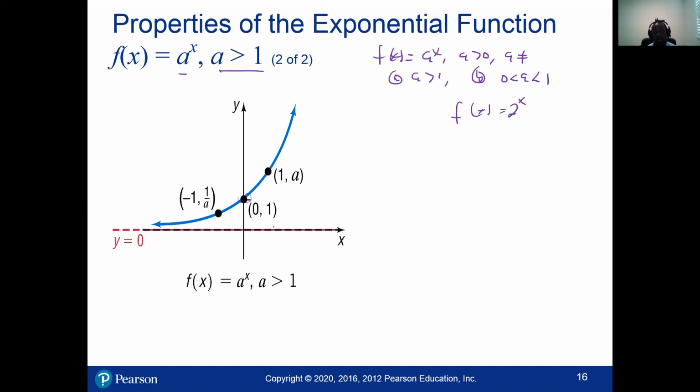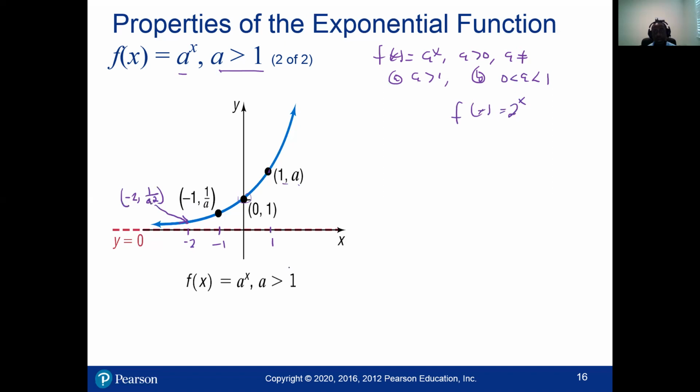And when x is 1, it passes through the point (1, a). If x is negative 1, you have (-1, 1/a). If you have negative 2, the point will have the coordinates (-2, 1/a²). If it is 3, it's going to go up.